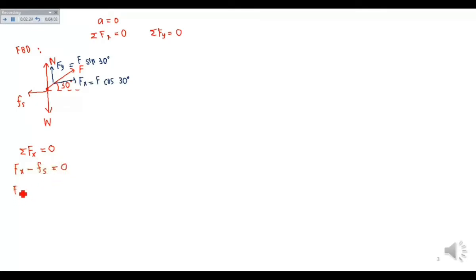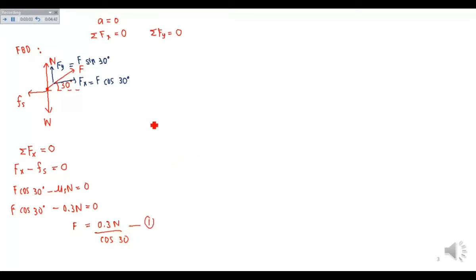So Fx is F cos 30 minus mu s N equals 0. Given mu s is 0.3. Okay, so rearrange the equations. So we'll get F equals 0.3 N divided by cos 30. Okay, so this is our first equation.